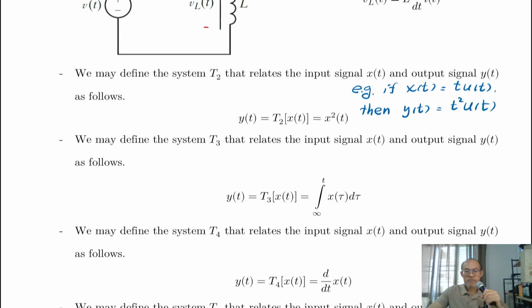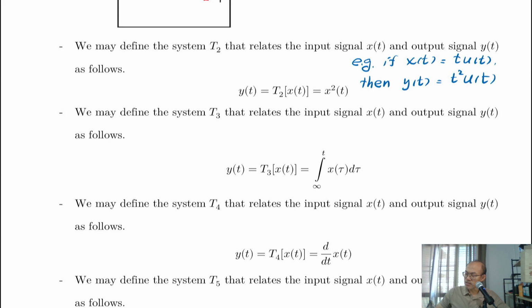Now, as for T3, what it does is it's going to integrate the signal x from minus infinity to t. It will find the area under x up to time t.